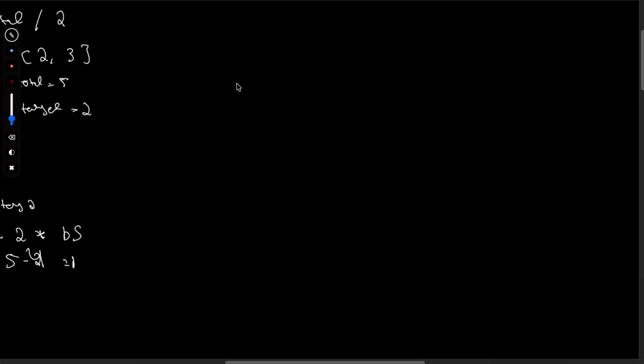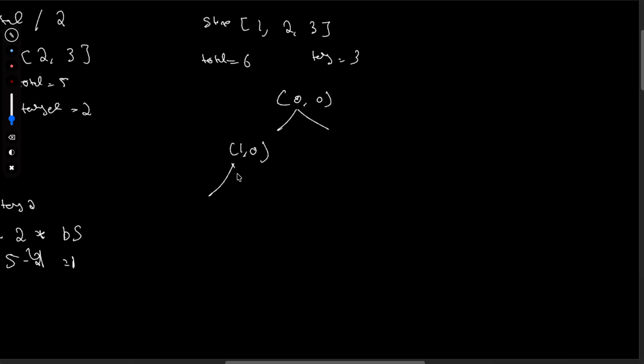Let's solve another example. If we have stones like this, 1, 2, 3, the total is 6 and the target is 3. See, 0 comma 0, this is the index.